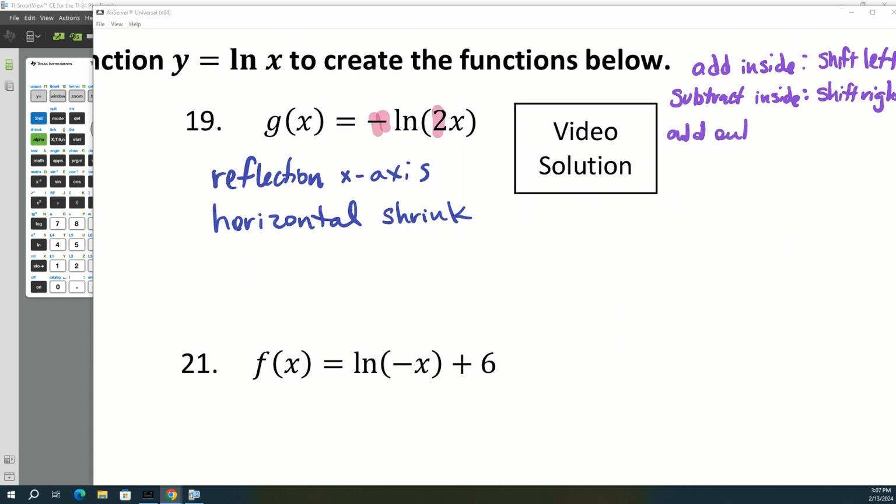Add outside shifts up. Subtract outside shifts down.